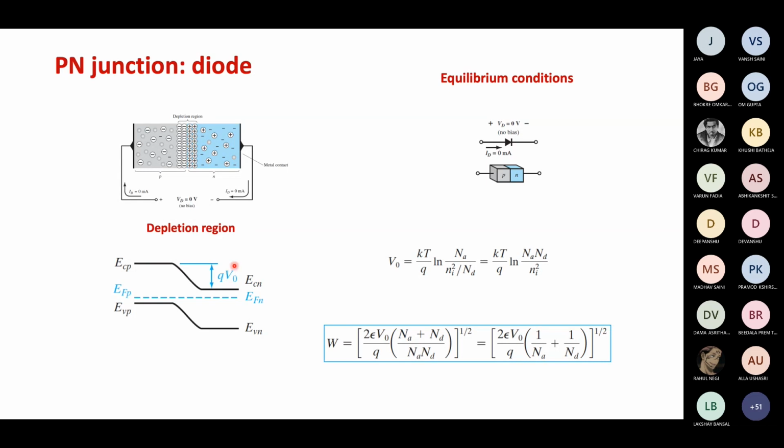V naught is the contact potential. Is it clear? Sir, this hill thing shows the depletion region. Yes, this hill means that this region is broadly the depletion region. This is also the region in which this entire thing is going on.